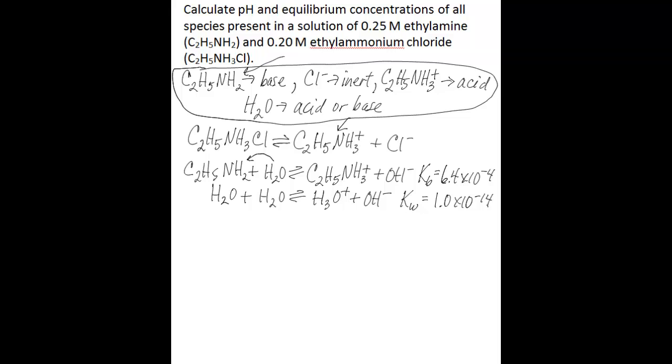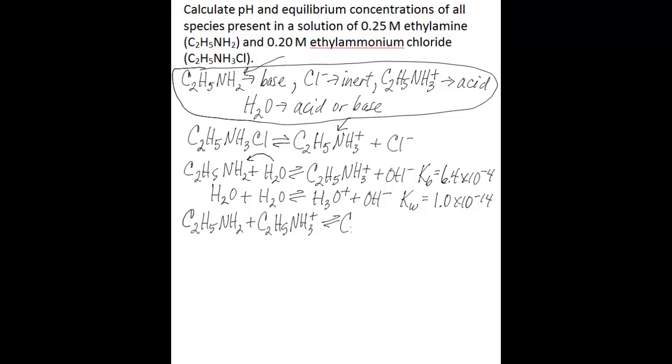Another possible proton transfer reaction between an acid and a base is where we have the base, ethylamine, accepting a proton from its conjugate acid, which is present initially because it comes from the ethyl ammonium chloride salt. When that happens, you're left with the same thing as a product.